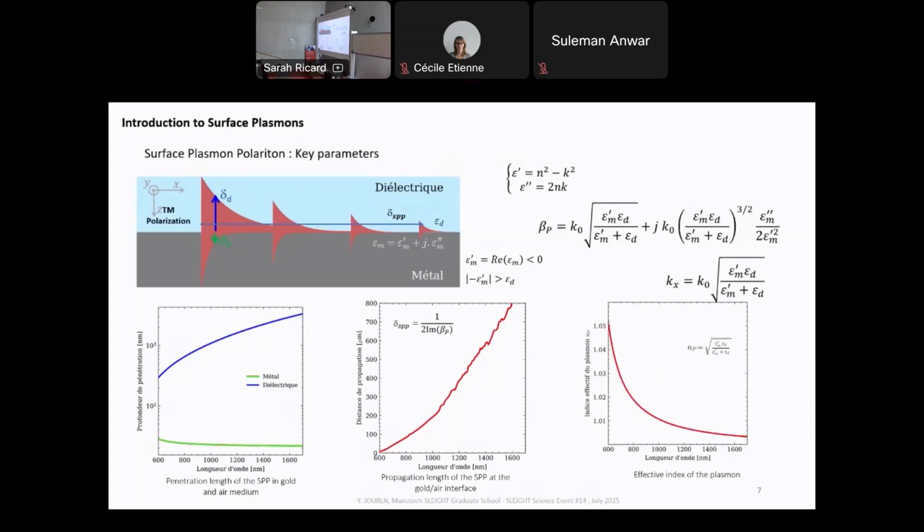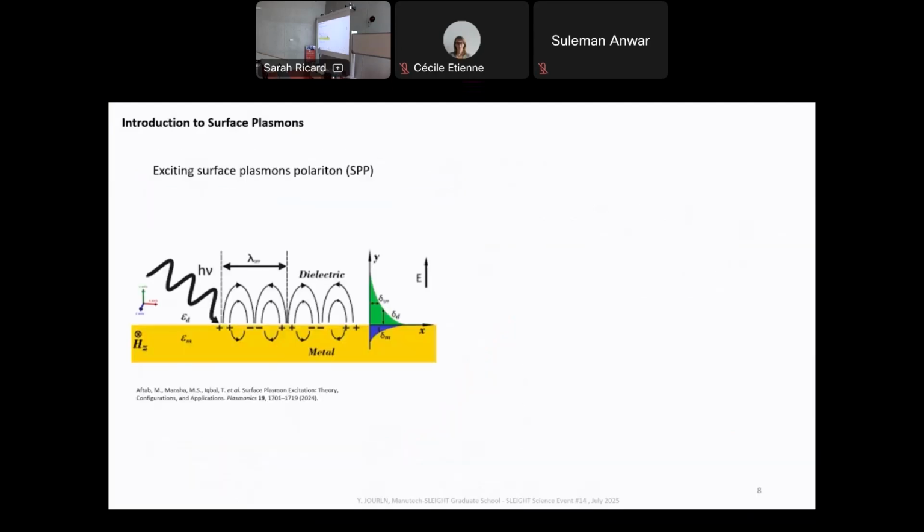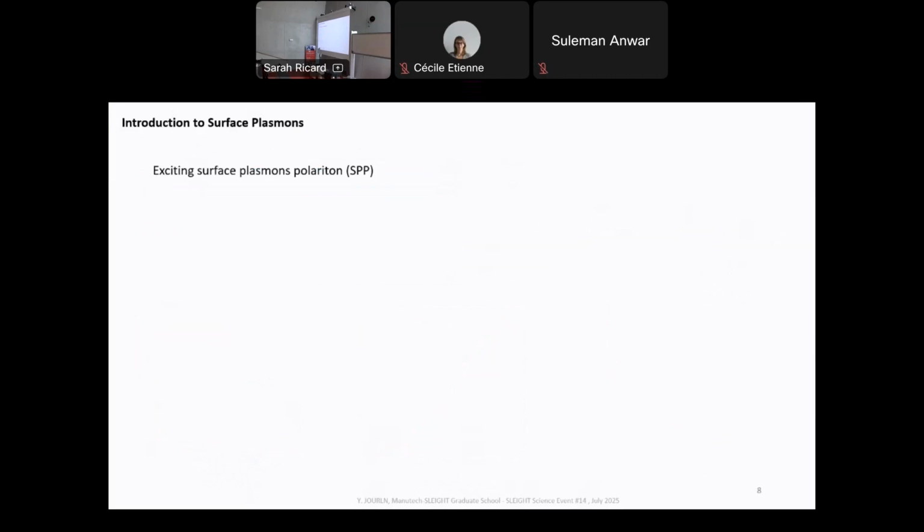And of course, the effective index of the plasmon is slightly larger than the refractive index of the dielectric, in the case where the dielectric is air. Okay, so it's not enough.